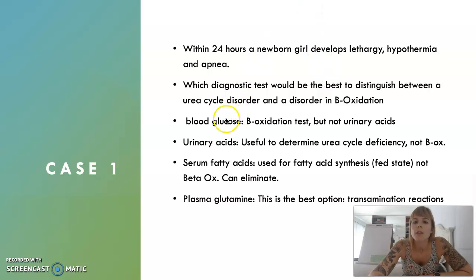So the blood glucose test would be useful for a beta oxidation disorder, but not urinary acids. Urinary acids would be useful to determine a urea cycle deficiency, but not beta oxidation. And then the serum fatty acids are used for fatty acid synthesis in the fed state.